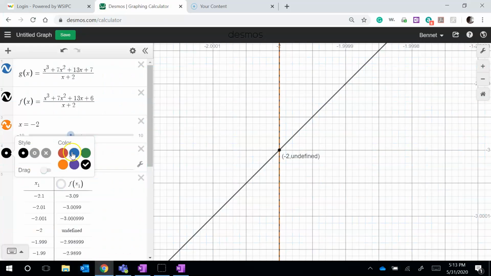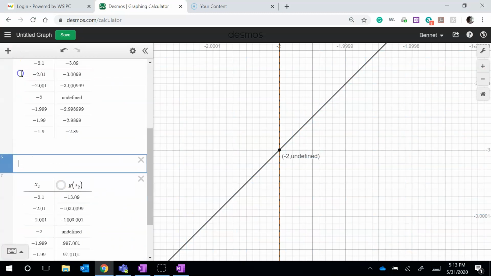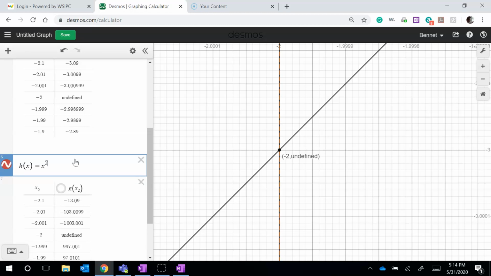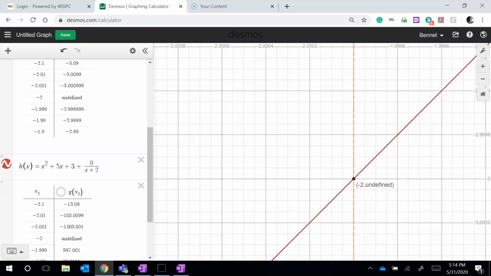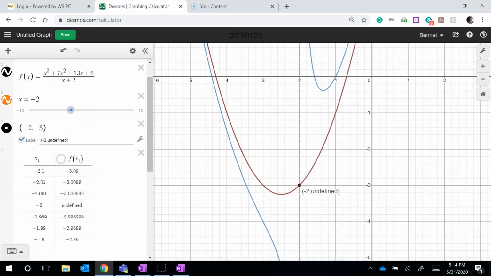So if I went back up here, let's add in a function. If I type that in, f of x equals, I already have an f, so I'd better do an h of x equals x squared plus 5x plus 3 plus 0 divided by x plus 2. I was zoomed way in here, so let's zoom back out.